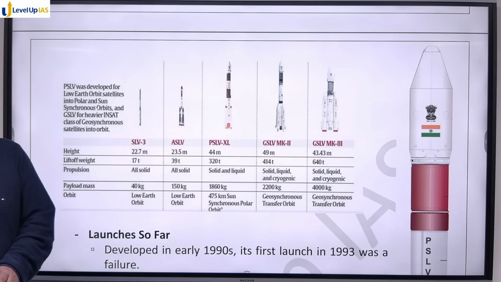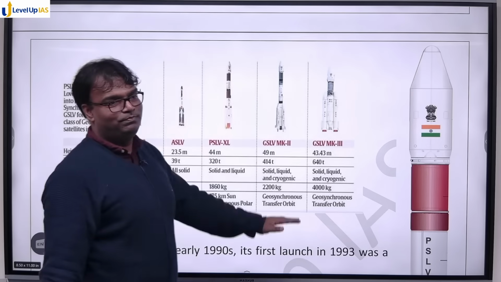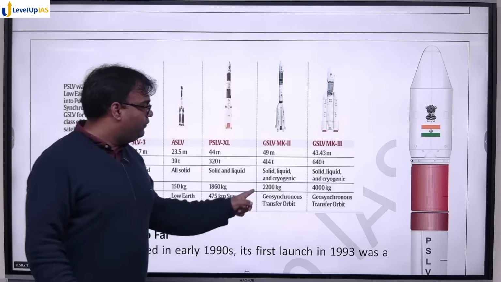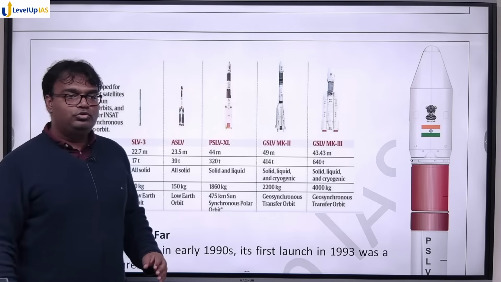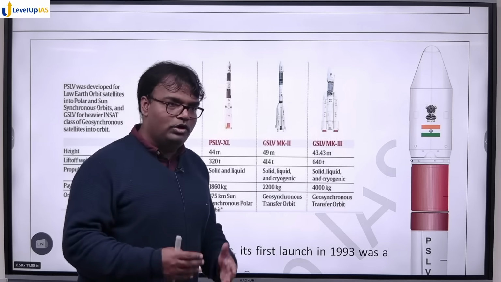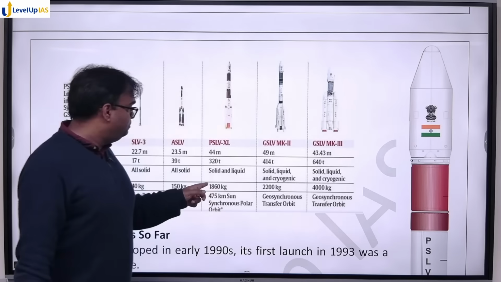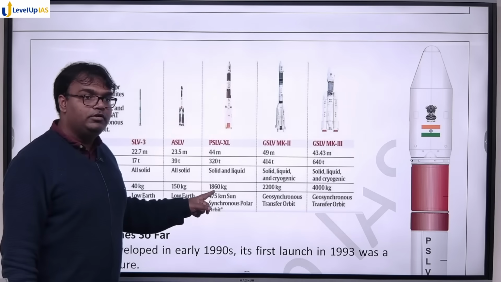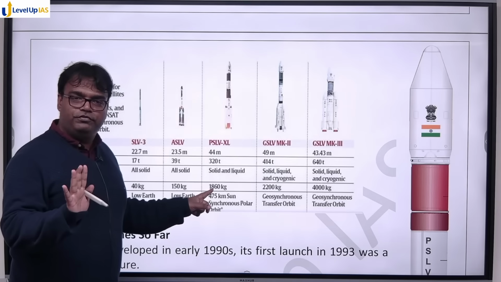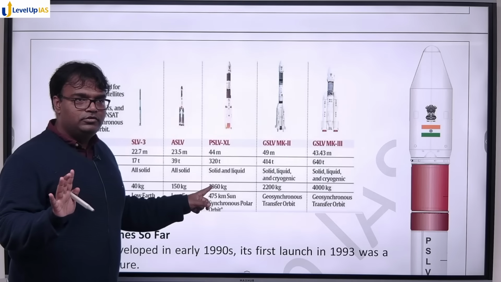And what is the weight of the satellite that it can carry? 4000 kg to GTO. Please note one thing. If to GTO it can carry 2200 kg, GSLV Mark II, then to low Earth orbit it can carry much heavier weight. For example, PSLV XL was able to carry 1860 kg to low Earth orbit, but to GTO it was only able to carry 1450 kg, roughly 1400 kg, right?